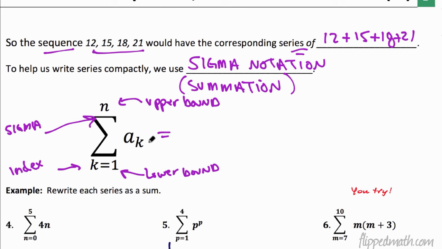This just basically means that you plug a 1 in, so we get the first term plus, and then you keep going. It's the second plus, the third plus, the fourth, and you keep going plus, dot, dot, dot. That's what the dot, dot, dot means. You go all the way up to a sub n, which means you stop at the number at the top. That's why it's called the upper bound.